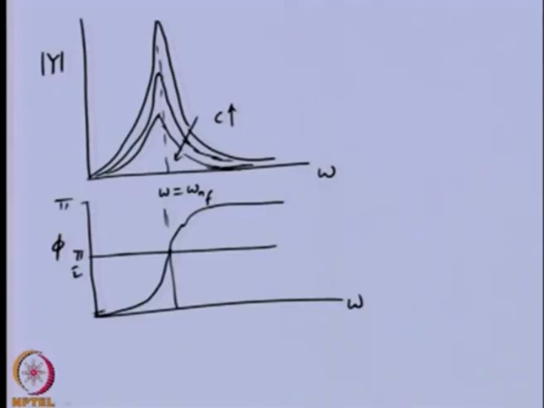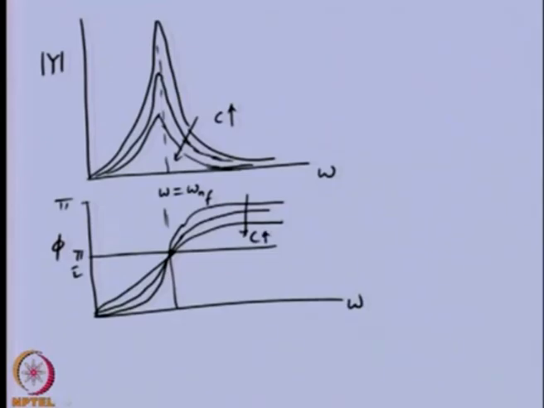Even for high damping, it will cross at the same point, that is corresponding to the 90-degree phase. Always this will cross at 90 degrees. So, this is the increasing order of damping.